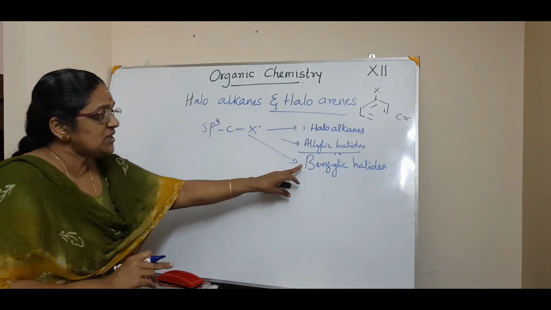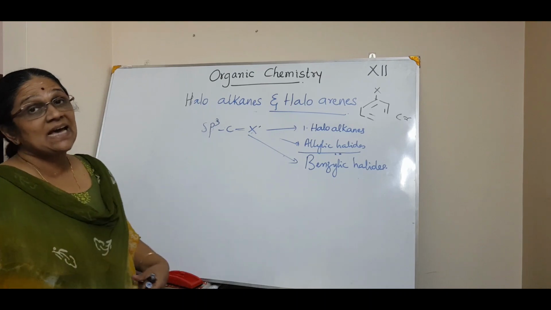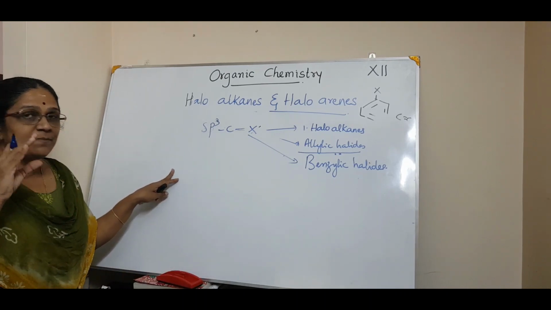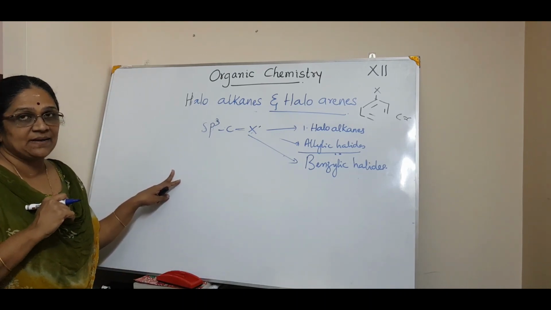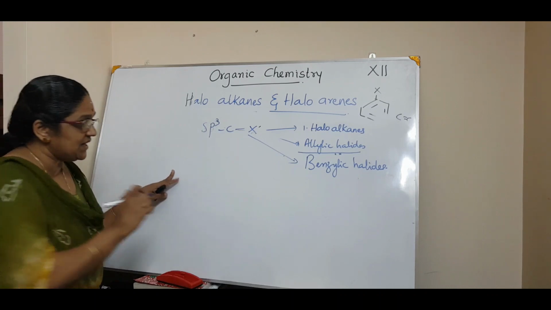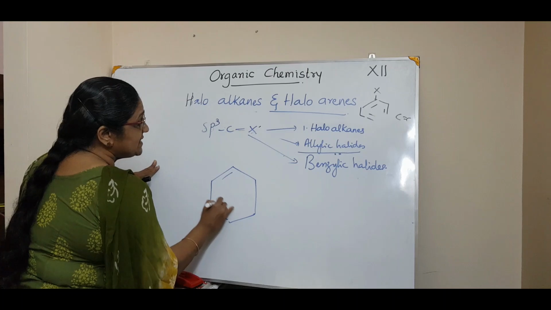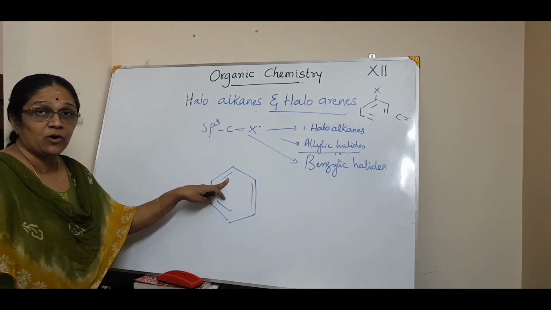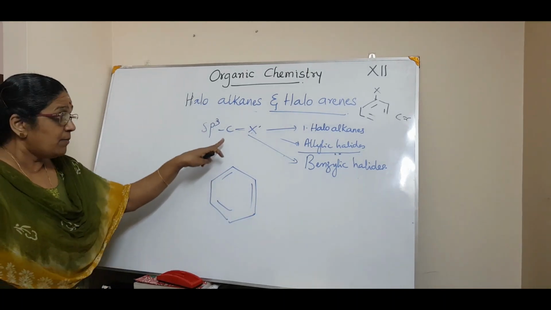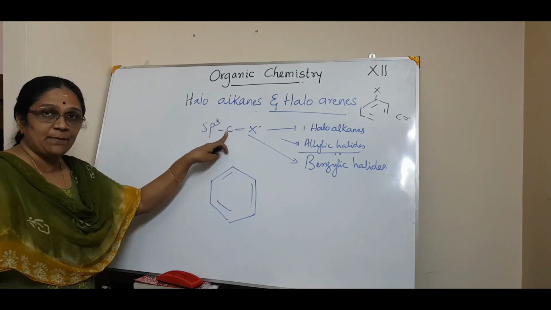Now what is a benzylic halide? It must contain a benzene ring, isn't it? I will draw the benzene ring, but you know in the benzene ring the carbon-carbon is in a double bond or sp2 hybridization. But you talk about the sp3 hybridized carbon.